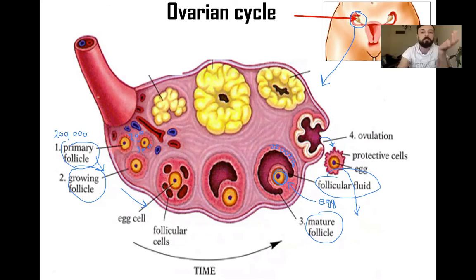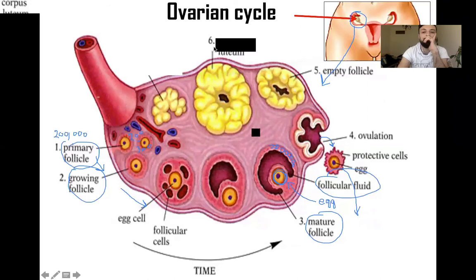Okay. So again, this egg has to be released, as you can see here. And the empty follicle, the follicle that released the egg, now develops into a new structure that we call the corpus luteum.